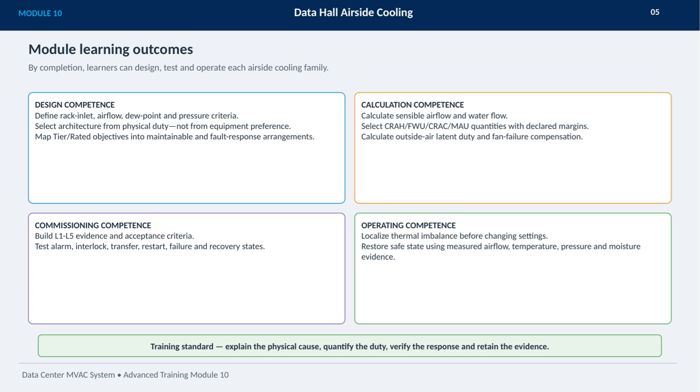Finally, operating competence guides you in identifying thermal imbalances accurately and restoring safe conditions by analyzing real-time measurements of airflow, temperature, pressure, and moisture. The overall training standard emphasizes understanding the physical causes, quantifying cooling duties, verifying system responses, and keeping solid evidence throughout.